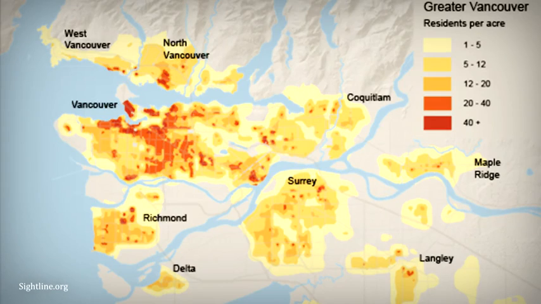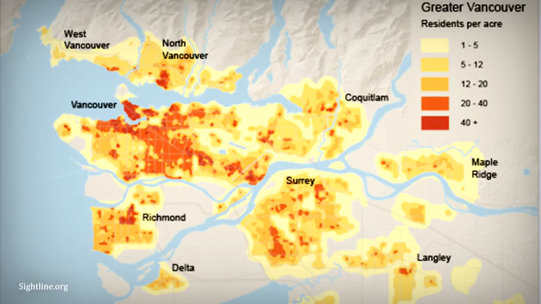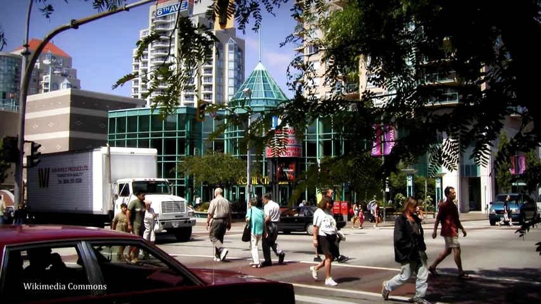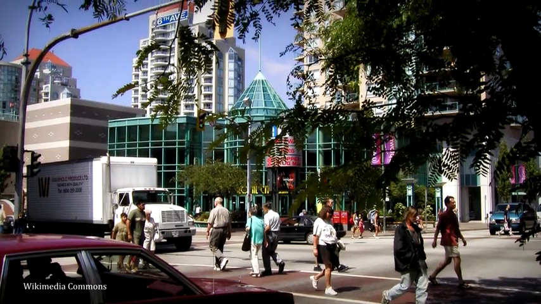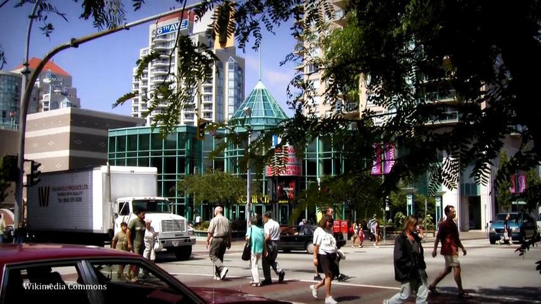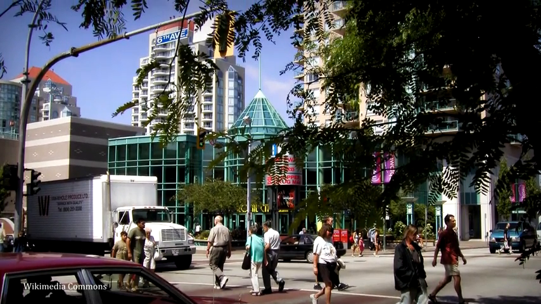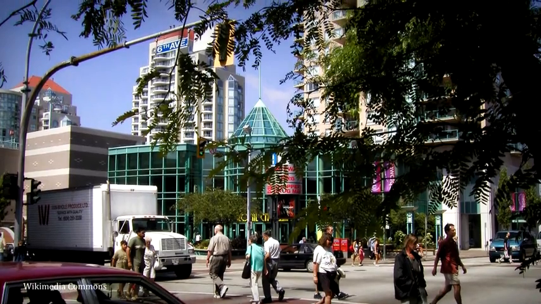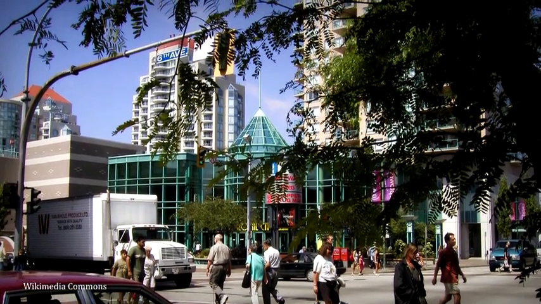This shows the pattern of densities in 1991, and this shows the pattern of high-density areas in 2006. New Westminster, which is about 15 kilometers from downtown Vancouver, has developed a lively, high-density urban core thanks to the easy accessibility to other parts of the region by the SkyTrain.